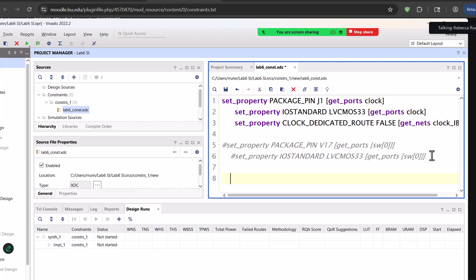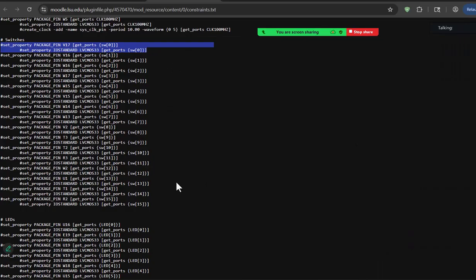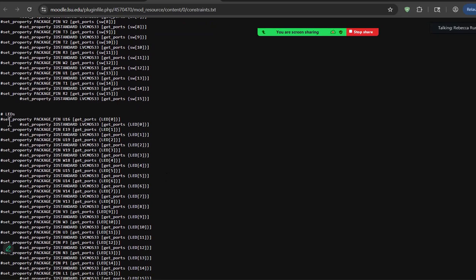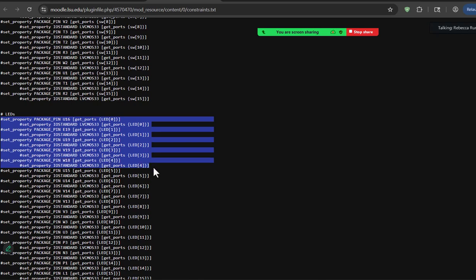And I'm going to copy more LEDs in case I want to use some for debugging. I'll copy the first 4 LEDs.